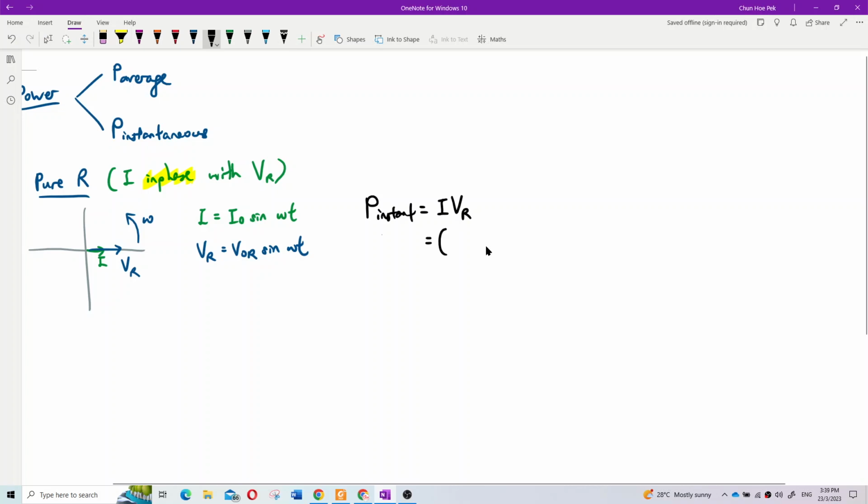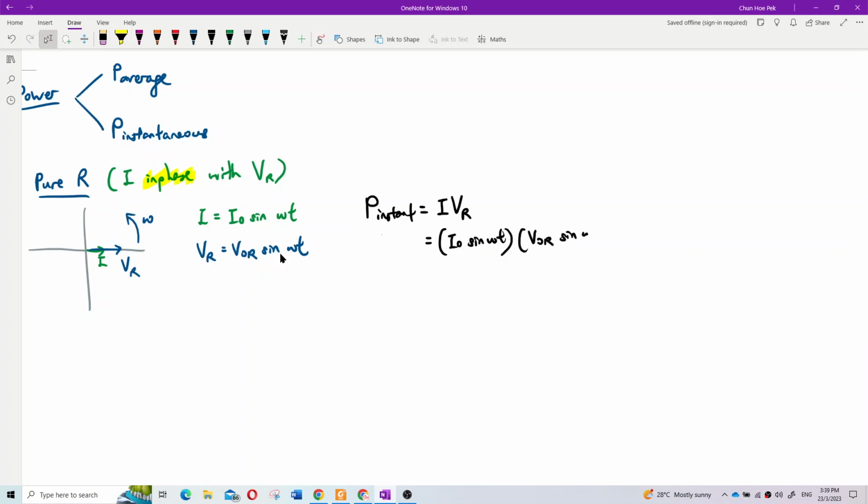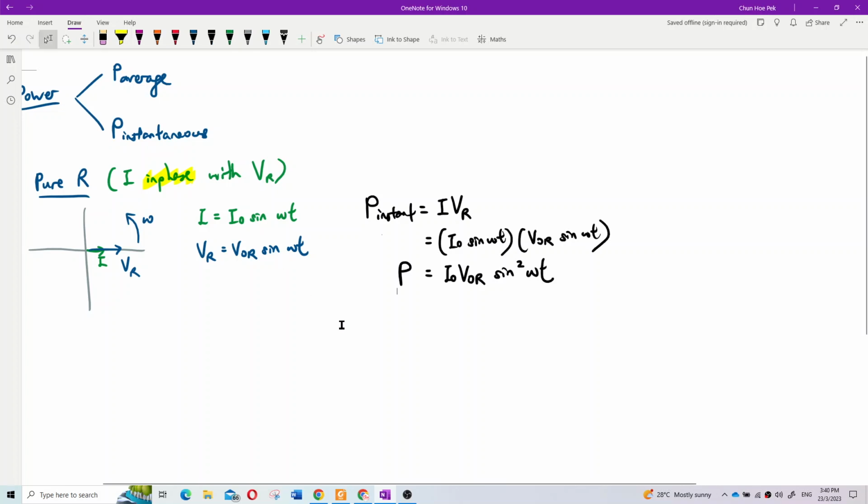So just multiply the formulas: I naught sine omega t multiplied by V naught R sine omega t. In the end you get I naught multiply V naught R, sine square omega t. That's the formula for instantaneous power.